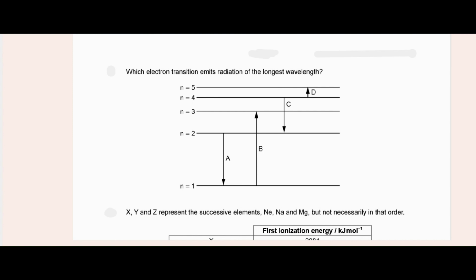So you will never ever be selecting the arrows going up. Those will never be right. So already gives you a 50-50 chance. If we use Richard Thornley's big jump, big energy, small wavelength, we've just got to do the opposite. Small jump, small energy, long wavelength. And that will give us C.